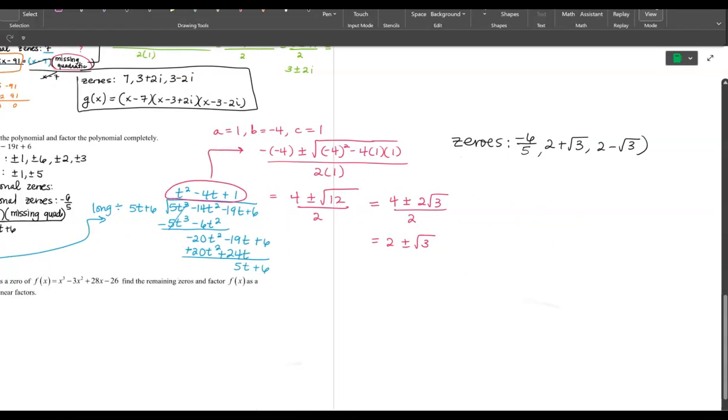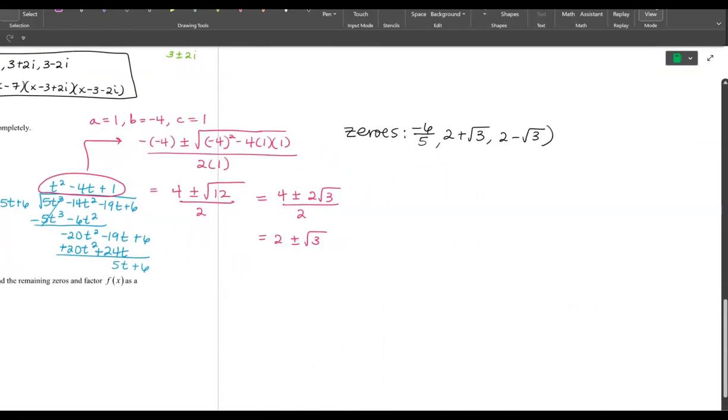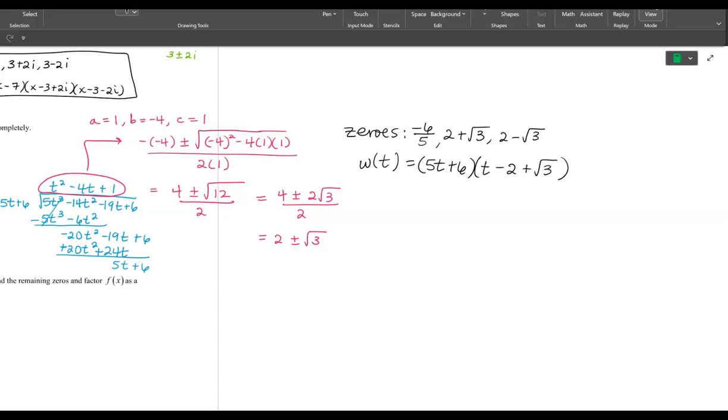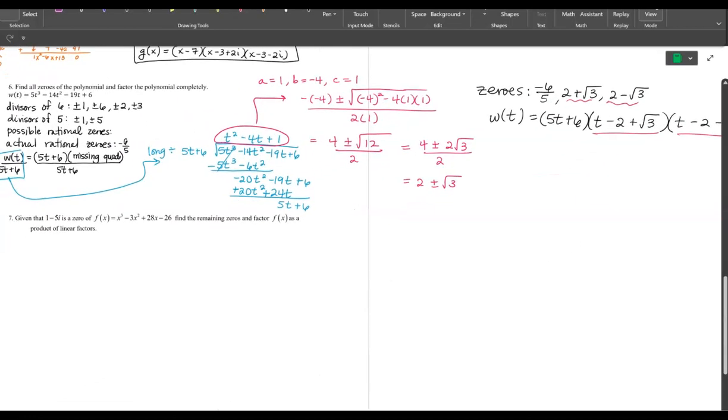And now we can also write the polynomial completely factored as 5t plus 6 multiplied by t minus 2 plus the square root of 3 multiplied by t minus 2 minus the square root of 3. I'm getting these last two factors by again just doing the variable minus the zero. So I'm just subtracting those last two irrational zeros that we found.